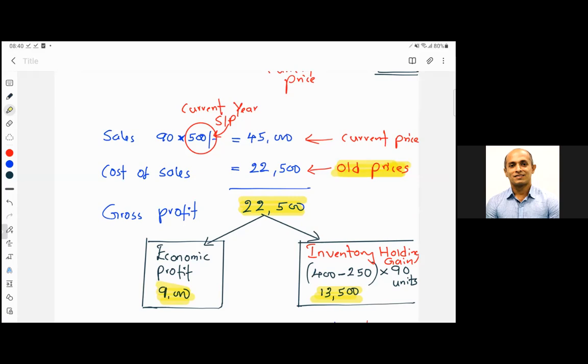The meaning is the effect of changes in price level is included in the profit. Therefore, your profit is not suitable for the analysis.